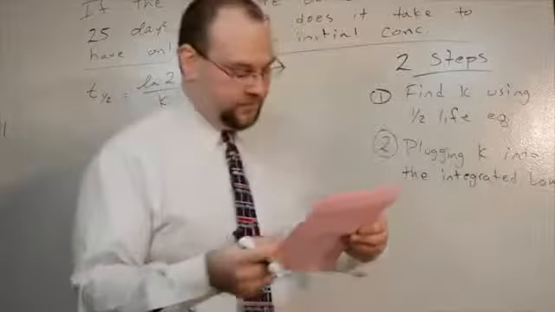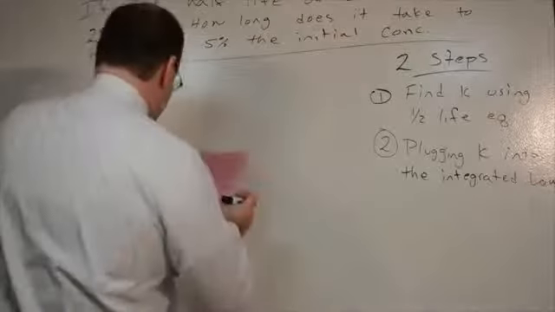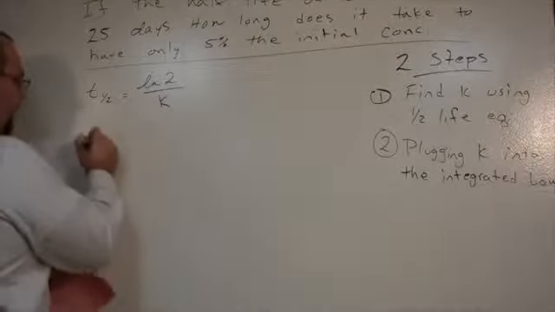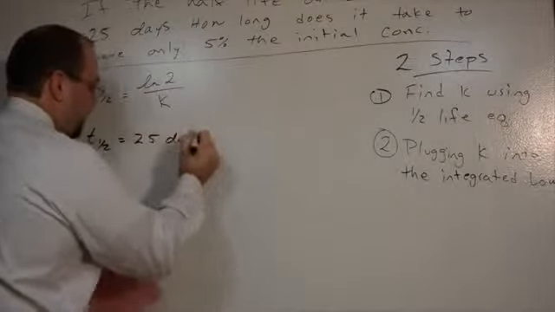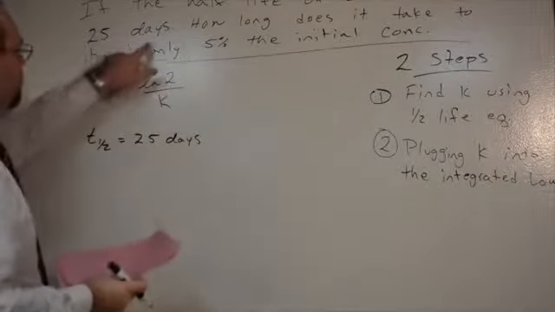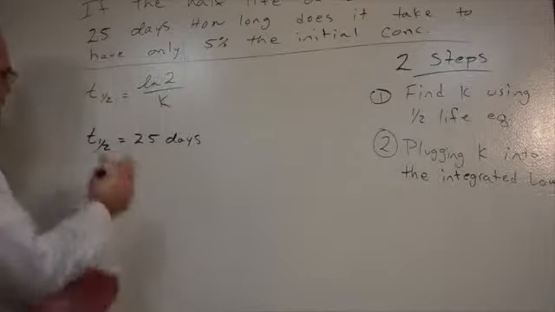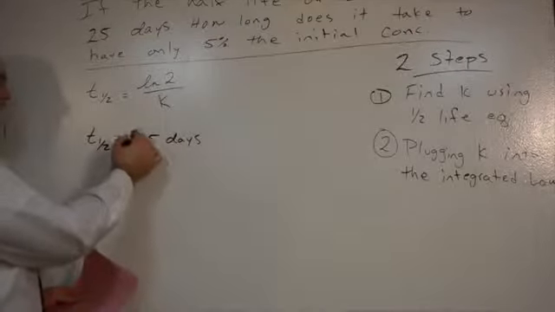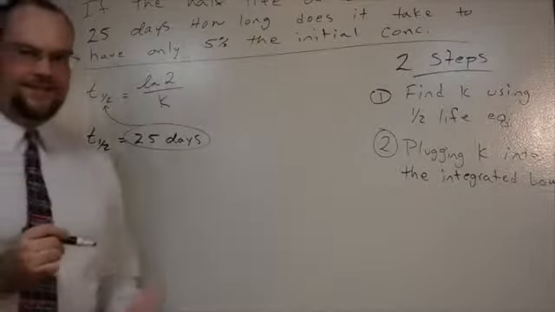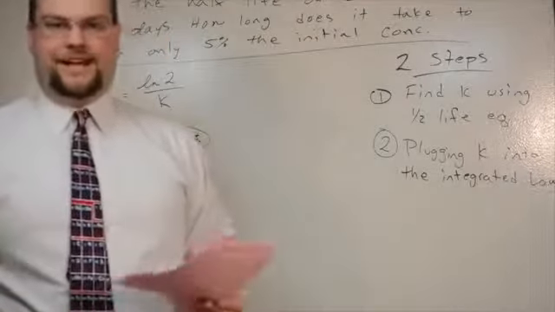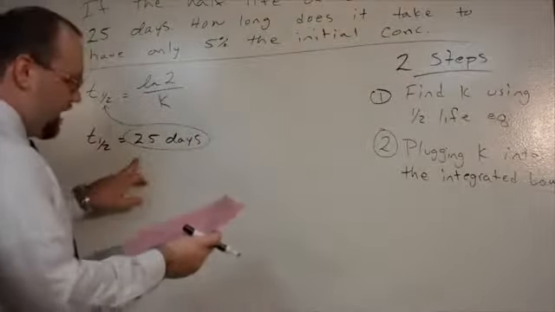Okie dokie. So let's talk about what we have here. We know that the half-life is 25 days. I got that from my problem. If T1/2 is 25 days, I can just plug that in right here, and I can easily solve for my k value. Well, that's not too bad.